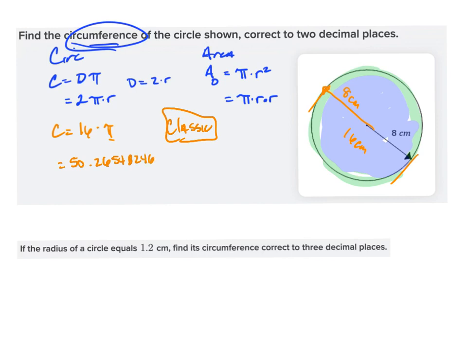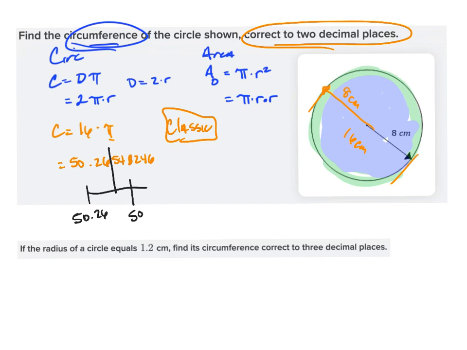It is 50.26548246. Now this says to correct to 2 decimal places. And what that means is they want you to cut it off right here. Now this one's pretty close. So if we looked, this would be 50.26, and over here would be 50.27, and over here would be 50.25.